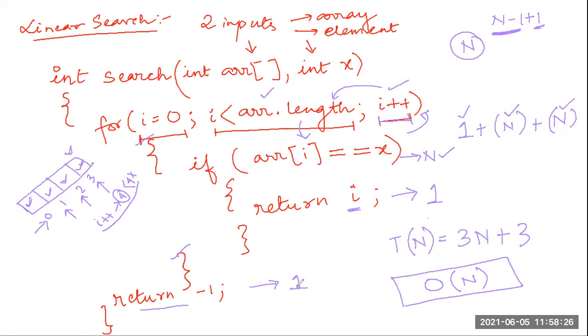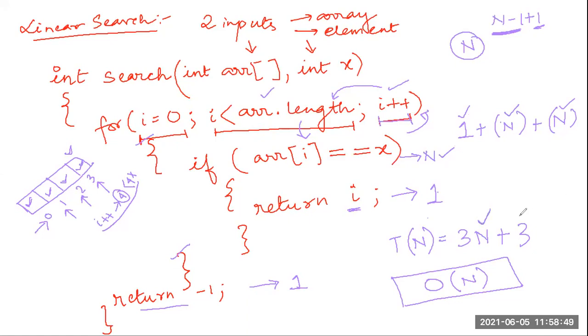So if I sum up all these things, 1 plus 1 plus 1 gives us 3, and n plus n plus n gives us 3n. We have already studied in asymptotic notations that we always take the dominant term, which affects the growth of the algorithm, and growth of algorithms is always in terms of n.